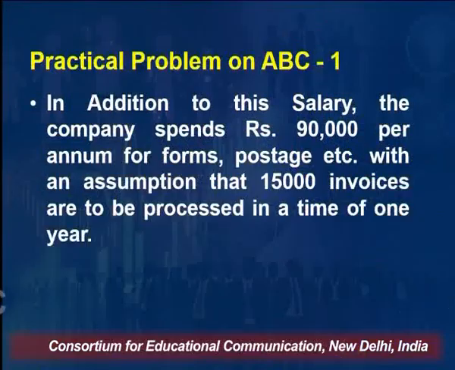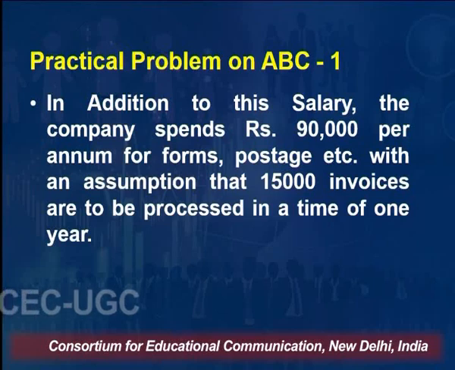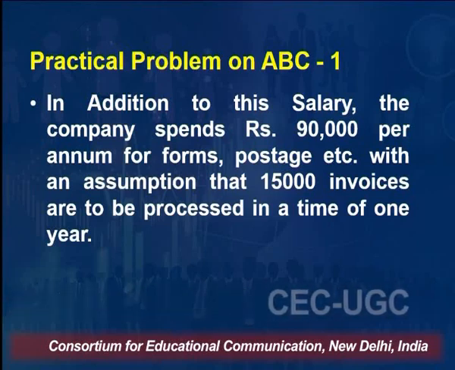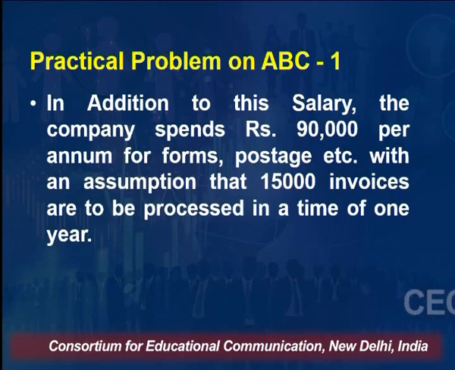Now we have to look at some other information. In addition to this salary, the company is spending rupees 90,000 per annum on account of forms, postages, etc., with the assumption that 15,000 invoices are to be processed in a year. So expectation from you is that you will be processing 15,000 invoices every year.